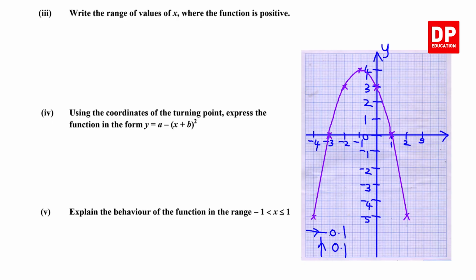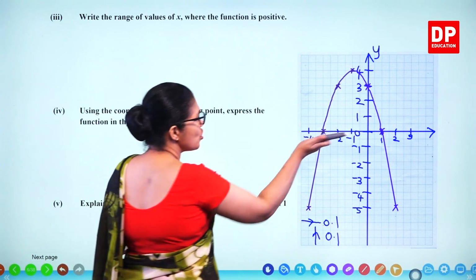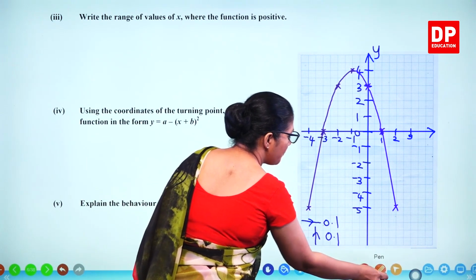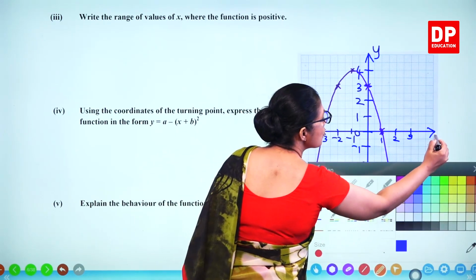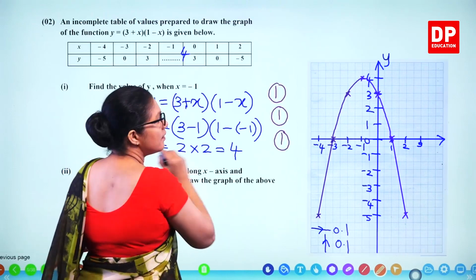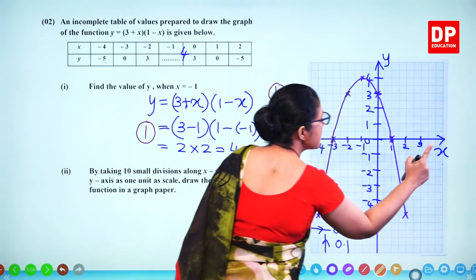Let's take the third part. Write the range of values of x where the function is positive. So function is positive means above the x-axis. So here, make sure that you put x there. Here we have to put x.